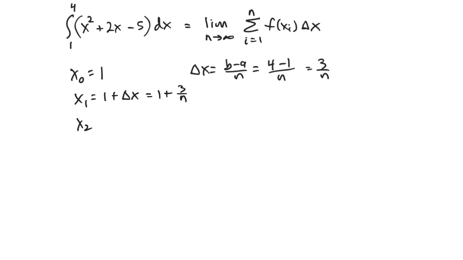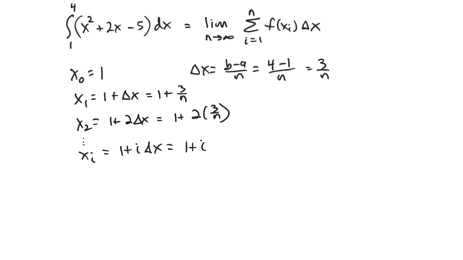Then x sub 2 is going to be 1 plus 2 delta x, or in other words, 1 plus 2 times 3 over n. And if we were to continue and get some standard point here, x sub i, that would be 1 plus i times delta x, or in other words, 1 plus i times 3 over n, or 1 plus 3i over n.